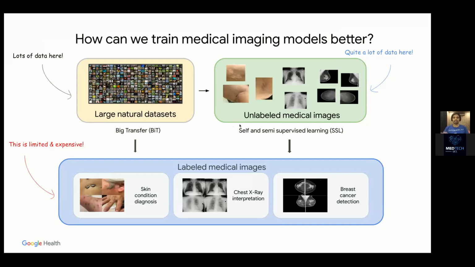There's been a lot of recent advancement in this field known as self and semi-supervised learning. That basically makes use of unlabeled data and allows you to pre-train your models to high levels of accuracy. So we piggyback on top of that and use the unlabeled medical images that we have access to pre-train our models. And then we fine-tune them on our target medical imaging tasks.